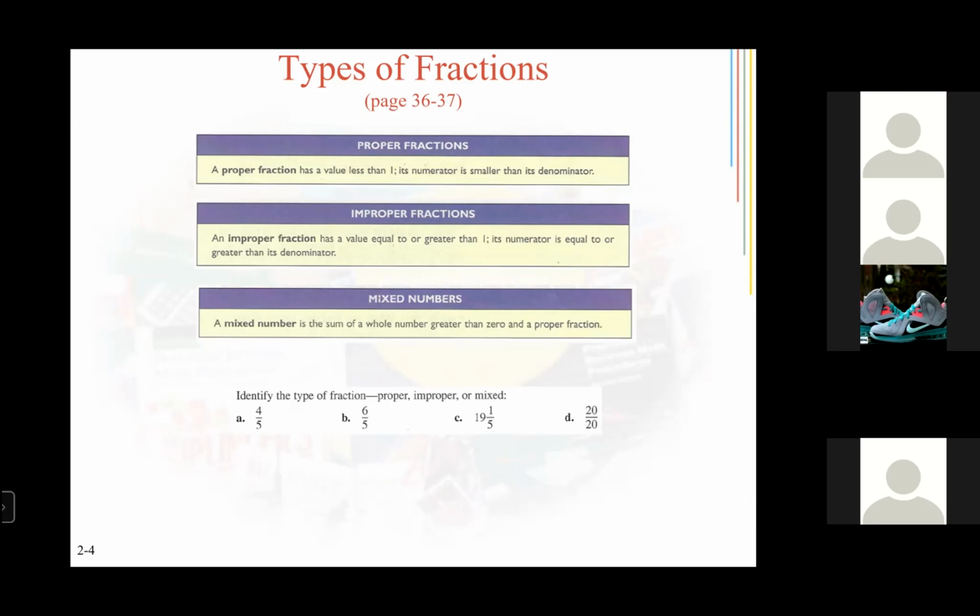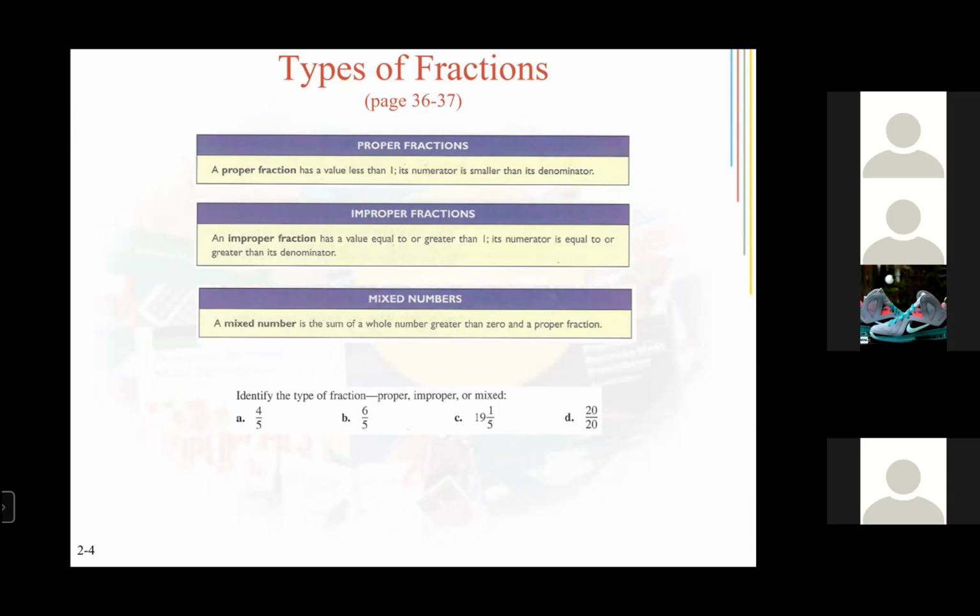So if the numerator and denominator are equal, that's considered an improper fraction, according to the definition the book gives on page 336.